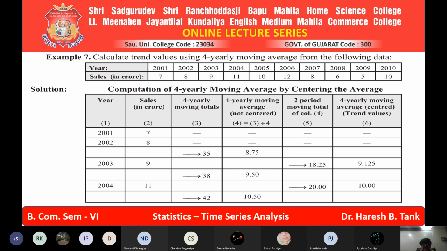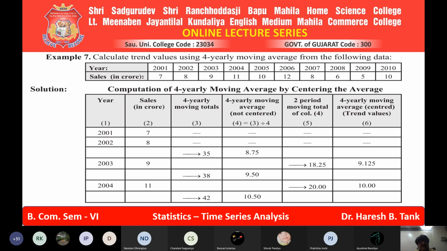Now, since it is a 4 yearly moving total, first of all, get an average for it. To get an average, since we made a bunch of 4, it is to be divided by 4. So 35 divided by 4 becomes 8.75.